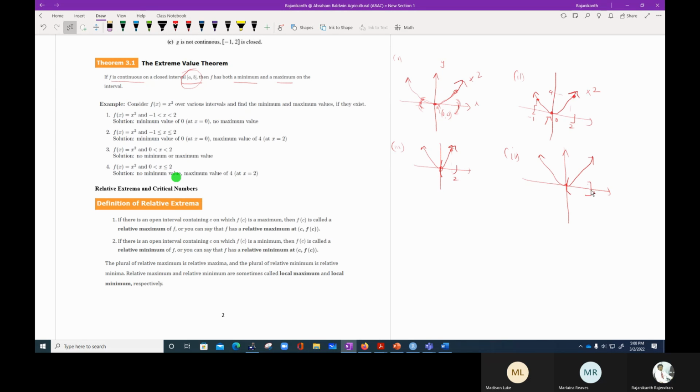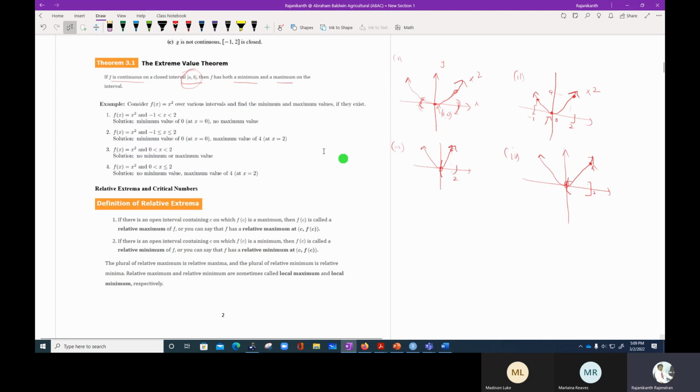That means this point is included in your domain. This is not included. So it is very clear that the function has the maximum value here but no minimum. Therefore, the function has no minimum and the maximum is 4. Okay. So that is there.